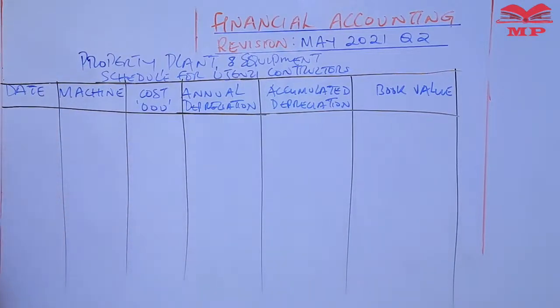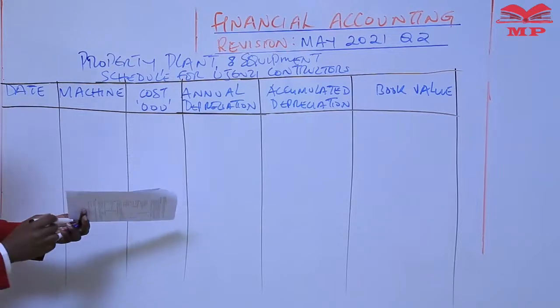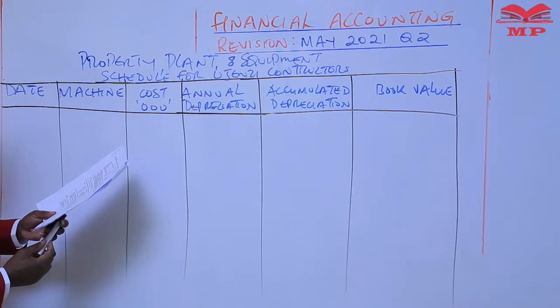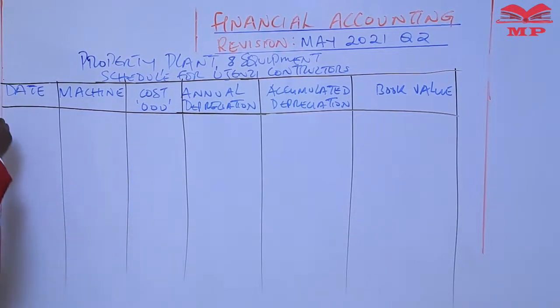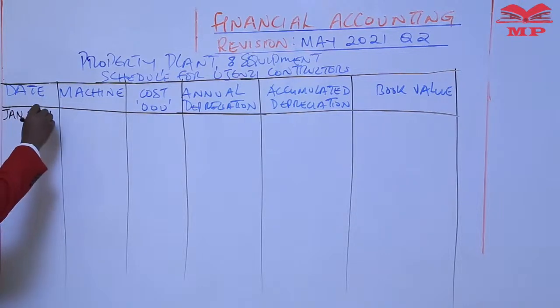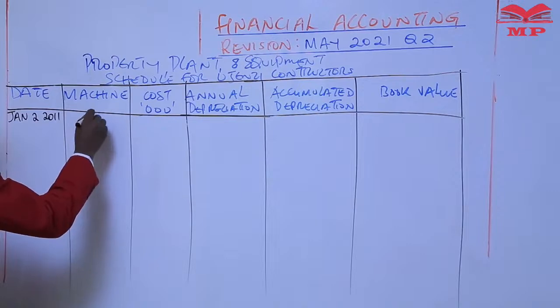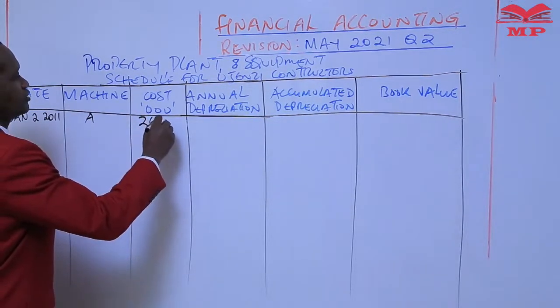Those are the columns. The dates are shown. There is 2nd January 2011. On this date, candidate's machine A was purchased at a cost of 26 million.